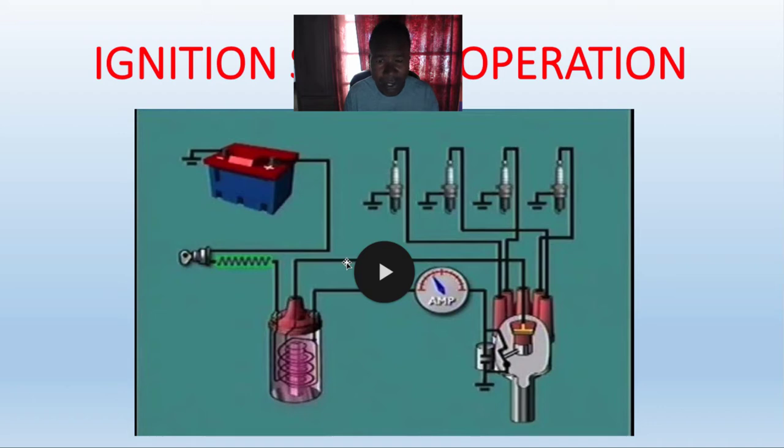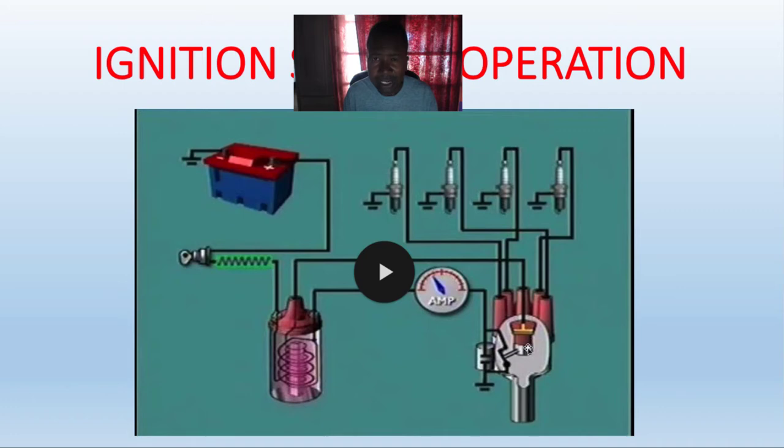So what happens is that buildup in the magnetic field in the primary circuit collapses. It's going to cut across the secondary windings. You got other windings inside here. It cuts across the secondary windings and comes out the center of this coil to the distributor.